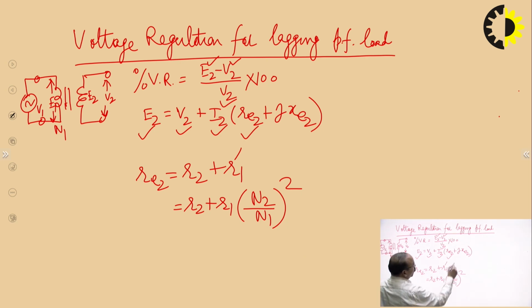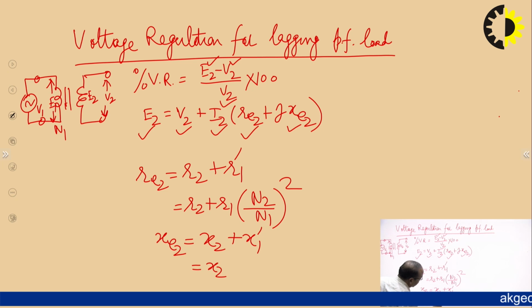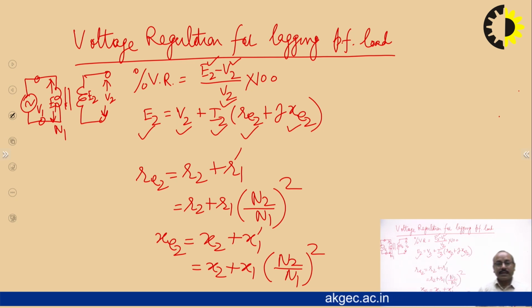Similarly, XE2 is the equivalent leakage reactance in the secondary, which is given by X2 plus X1 dash, and that can further be written as X2 plus X1 into (N2 upon N1) square, where X2 is the leakage reactance in the secondary winding, X1 is the leakage reactance of the primary winding, N1 is the number of turns in the primary winding, and N2 is the number of turns in the secondary winding.